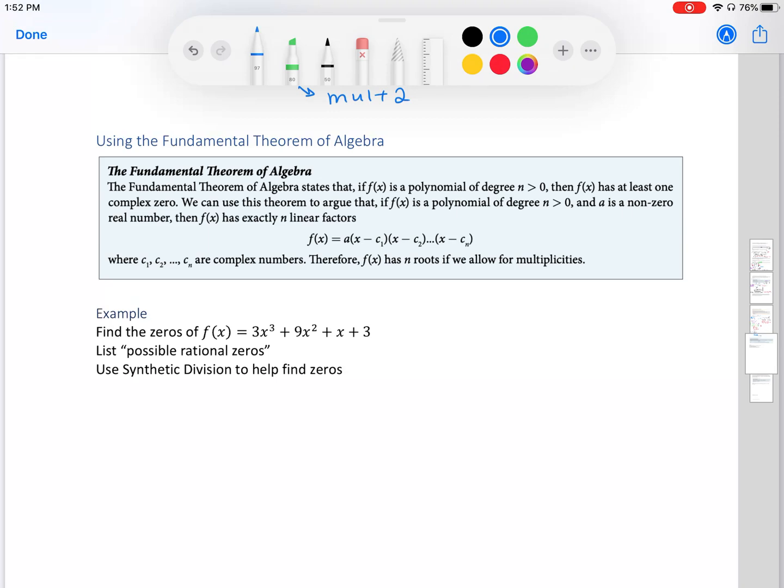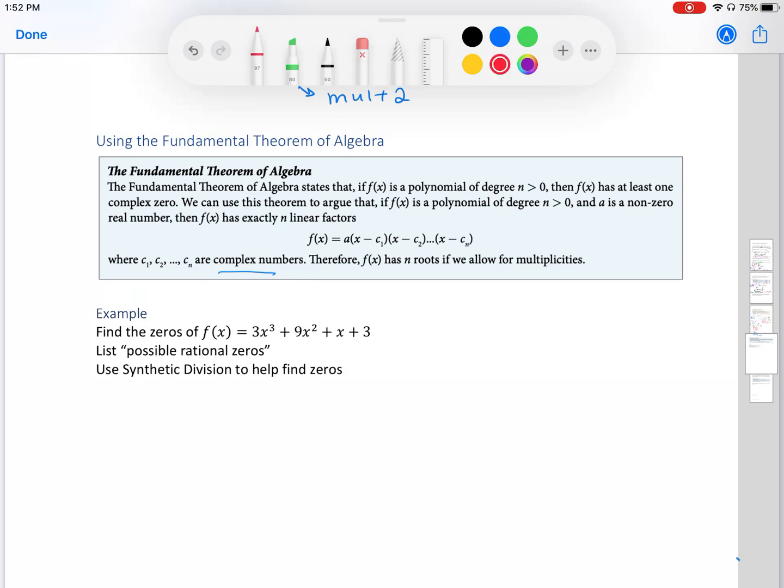So we have that f of x is equal to a times x minus c1, x minus c2, all the way until you get your last 0, x minus cn, where c1, c2, and cn are complex numbers. Therefore, f of x has n roots if we allow for multiplicities.